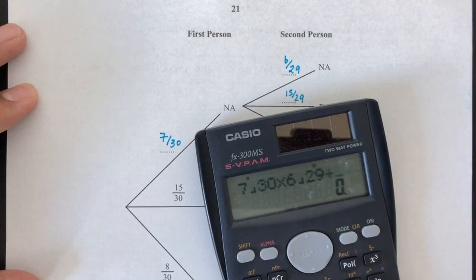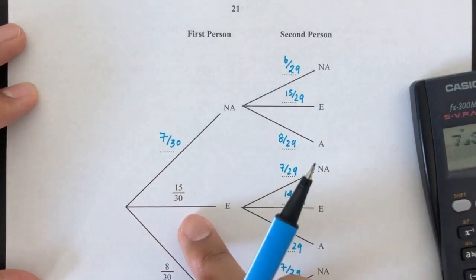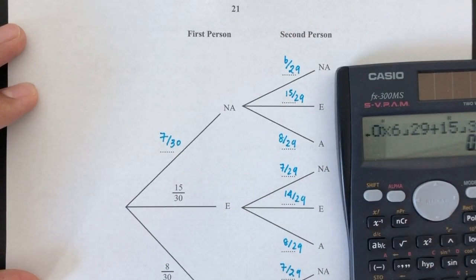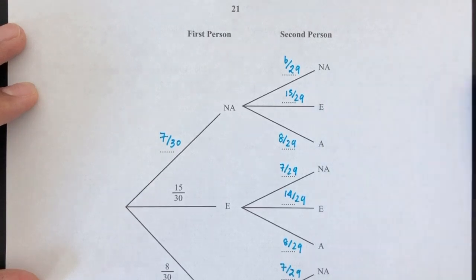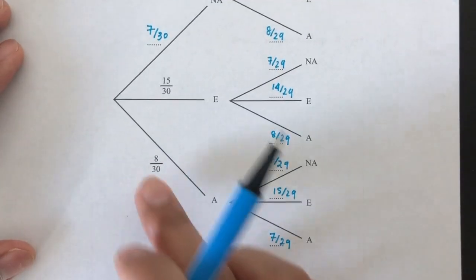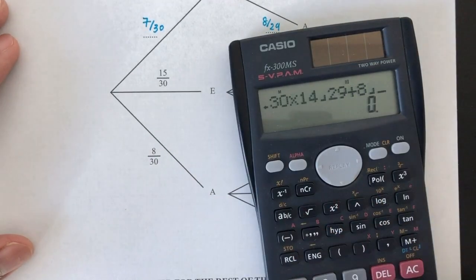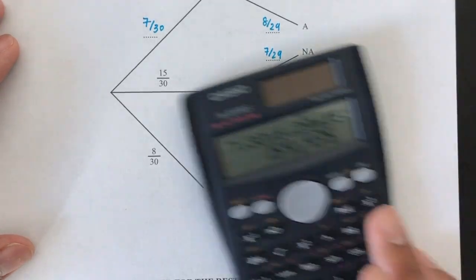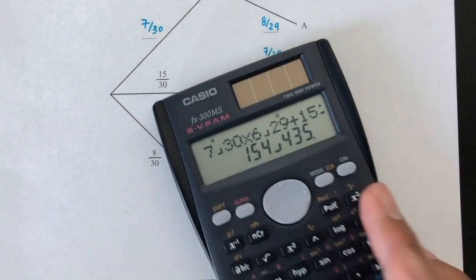That's one option. Plus we have this one and this one, Europe and Europe. So 15 over 30 and 14 over 29. Or we can go to Asia and Asia. So 8 over 30 times 7 over 29. So I will have 154 over 435.